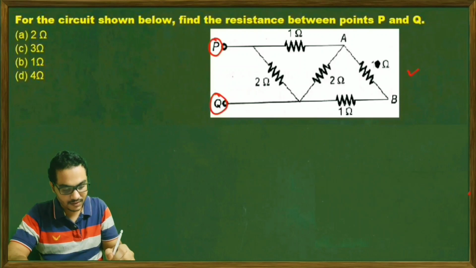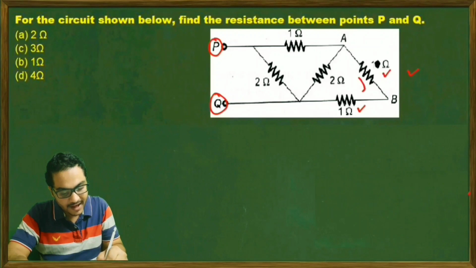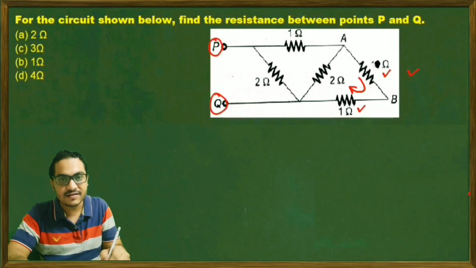See how. If you take a close look, these two resistances, 1 ohm and 1 ohm, are connected in series. Why? Because there is a common path and this path is not shared by any other element. So these two are connected in series.